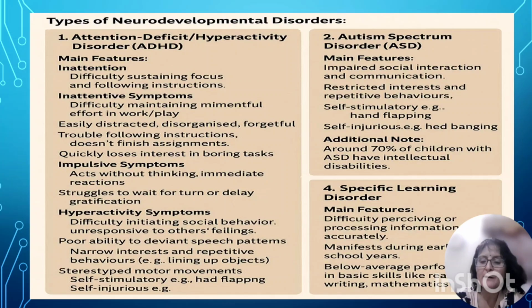That is why psychologists are now working so that early detection and early intervention can take place. Below average performance could be one of the signs which should be taken into account. If they are not able to read properly, write properly, or do arithmetic properly, then they should be brought to the notice of the school counselors or special educators so that they can deal with it.